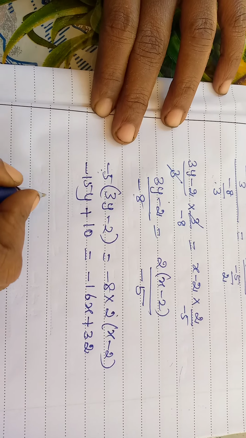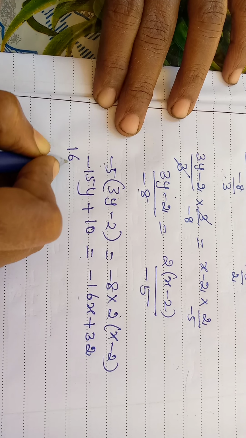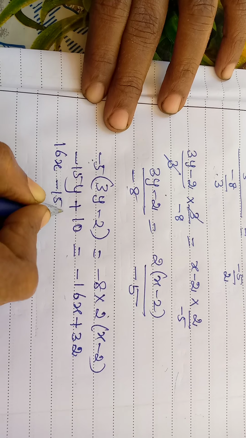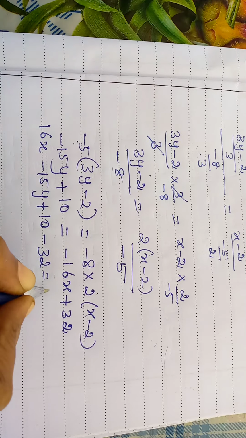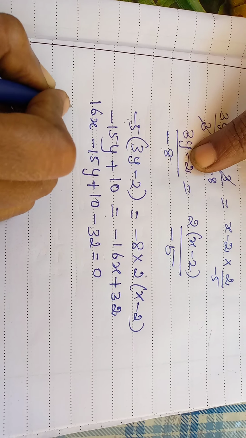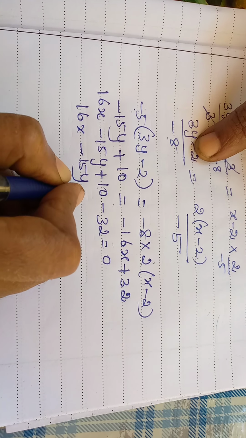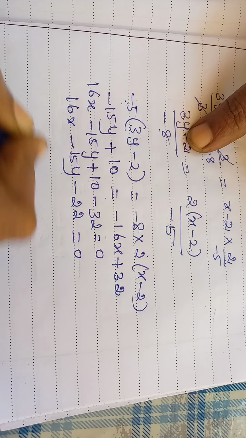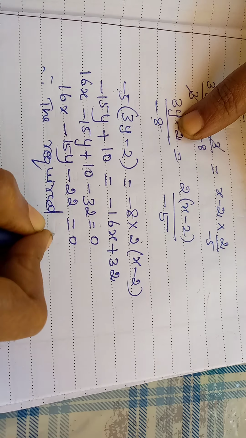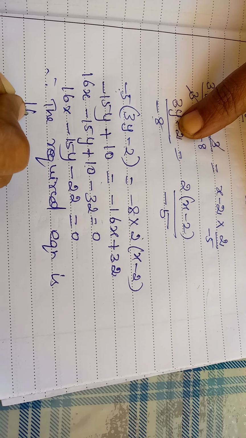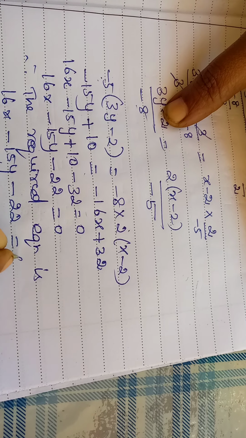Okay, now all the terms bring here, so first the x term, we get 16x minus 15y plus 10, this constant term bring here, it will become minus 32 equal to 0. Therefore 16x minus 15y, here 10 minus 32 is minus 22 equal to 0. Therefore the required equation is 16x minus 15y minus 22 is equal to 0.